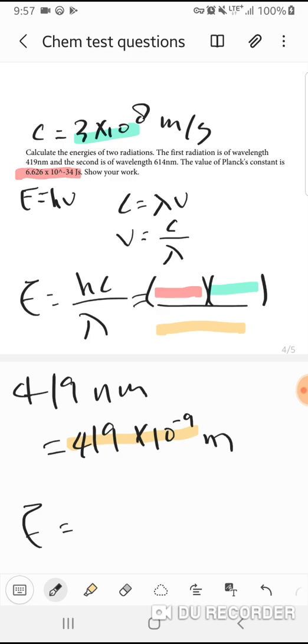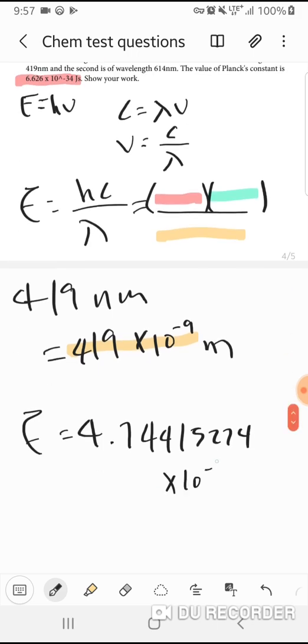So we would get 4.74415274 times 10 to the negative 19th power.